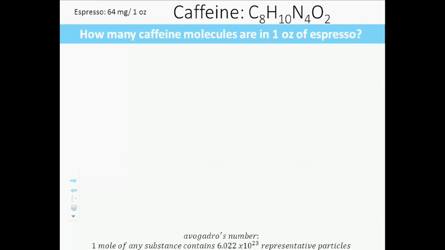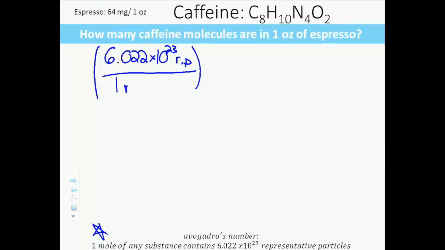So what you see at the bottom down here is Avogadro's number. His number states that 6.022 times 10 to the 23rd representative particles, and I'll put RP, are in any 1 mole.